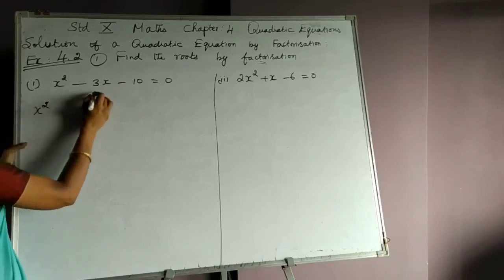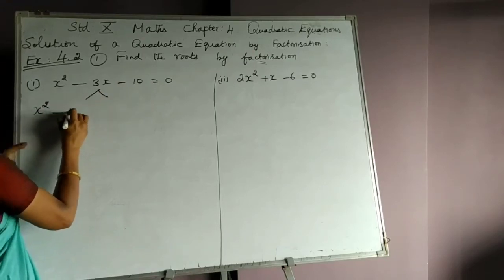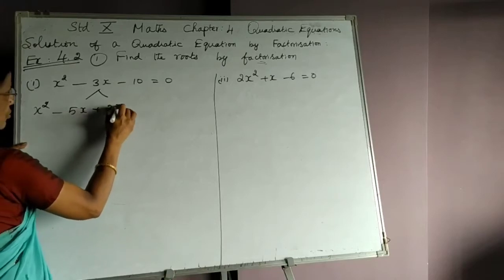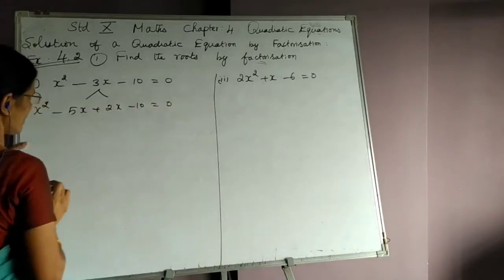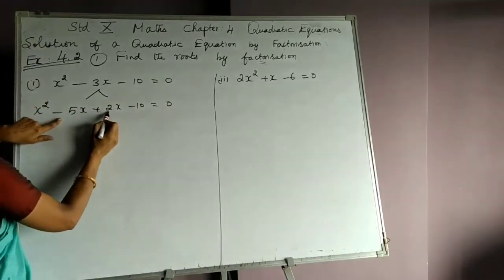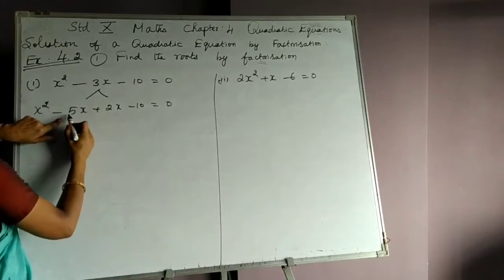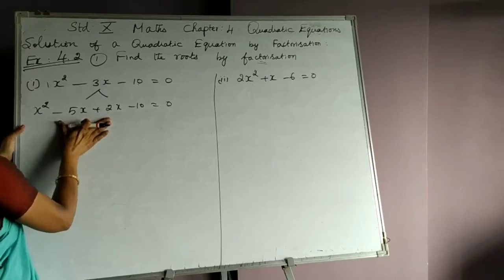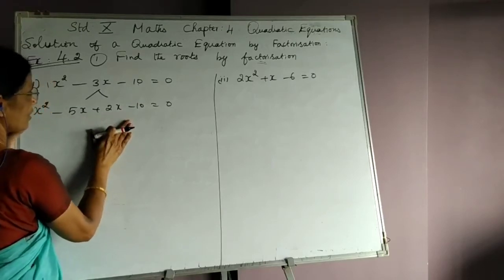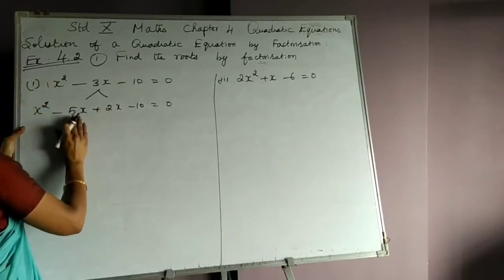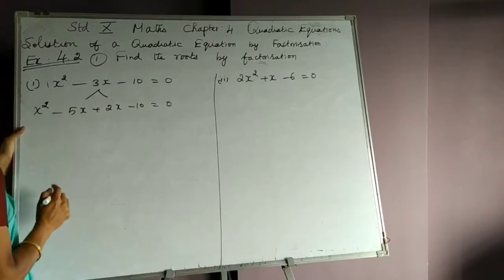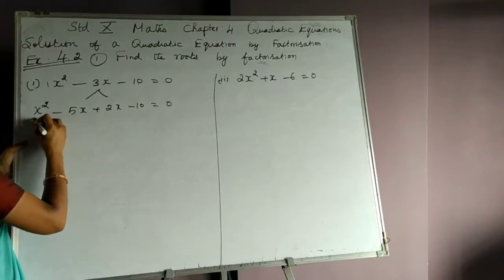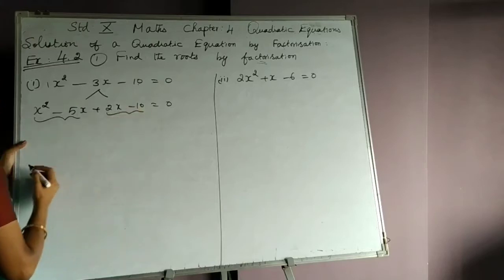It is x square, so we are going to split the middle term as minus 5x plus 2x minus 10 equal to 0. Add minus 5 plus 2, we are getting minus 3. If you multiply, we are getting 1 into minus 10, which is equal to minus 10. This we had done in detail in the earlier classes. Therefore, directly we have entered the terms over here. So after splitting the terms, we have to group the first two and the last two.